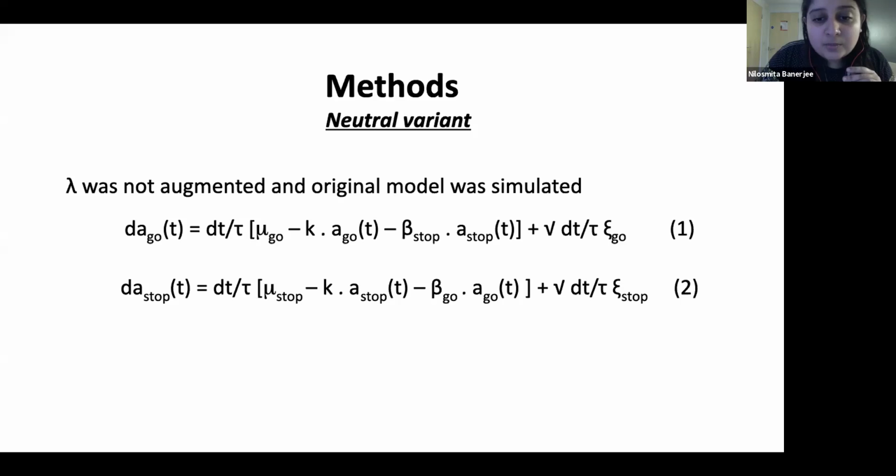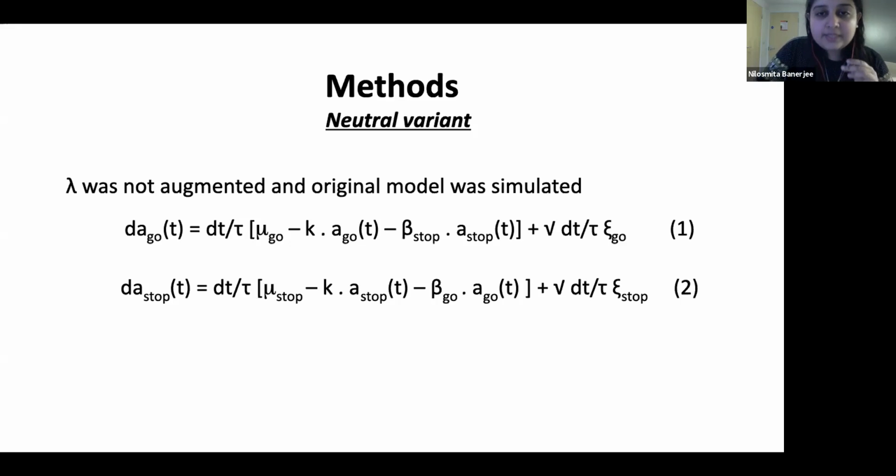However, if there is a stop process, there is an interaction. The beta go will interact with the beta stop, and that will stop the process and not let the going process reach the threshold theta. Those interaction parameters were the key parameters to focus on in the process of the augmentation.